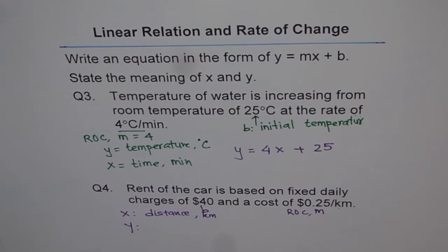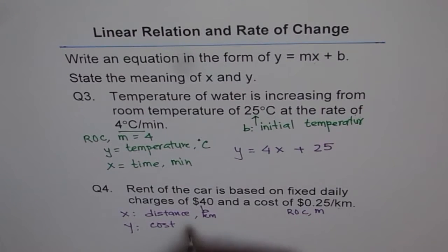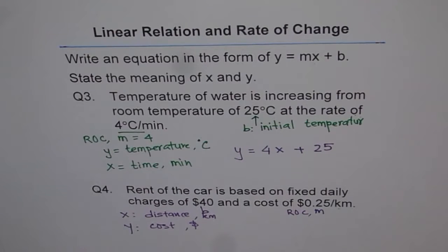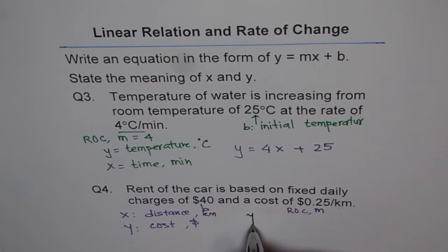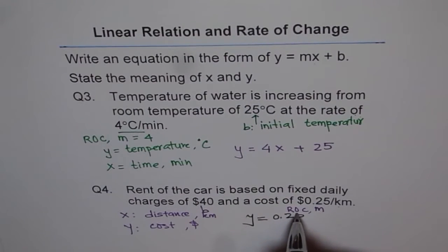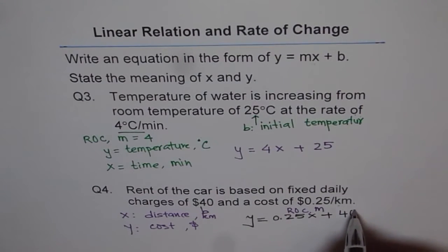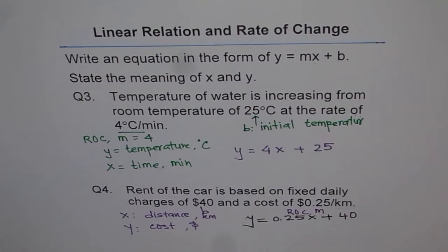And what is y? y is cost in dollars, the total cost, you can say, in dollars, correct? So that is how we can define our variables. And now once we understand this, we can write our equation. y equals rate of change 0.25 x plus fixed cost of $40. So that is how we can represent this situation in the form of an algebraic equation.